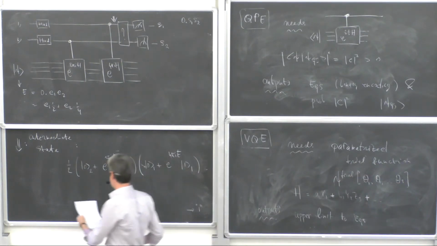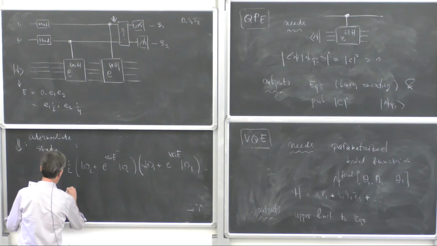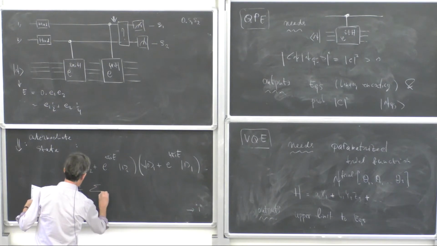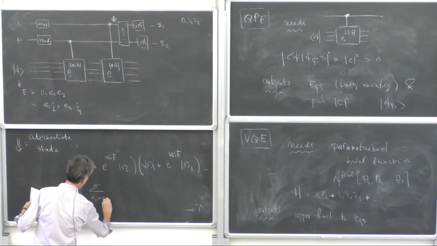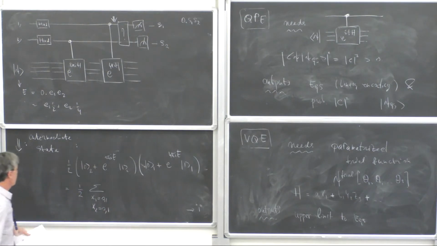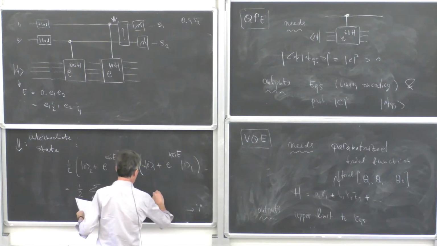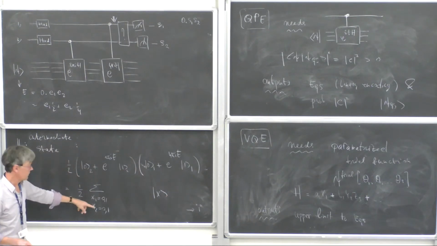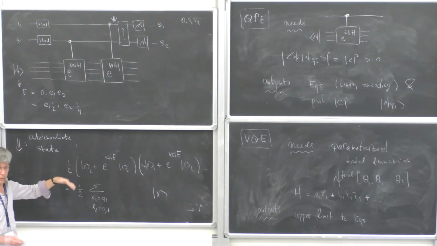So in a bit nicer notation, I could say, well, this is like a half, and now it's the sum over x1 equals 0, 1, and x2 equals 0, 1. Right, there's 4 terms, the basis for these 2 qubits. And then what I'm looking at is the state, let's say x, so x coded by these 2 x numbers, so that's 00, 01, 10, 11.